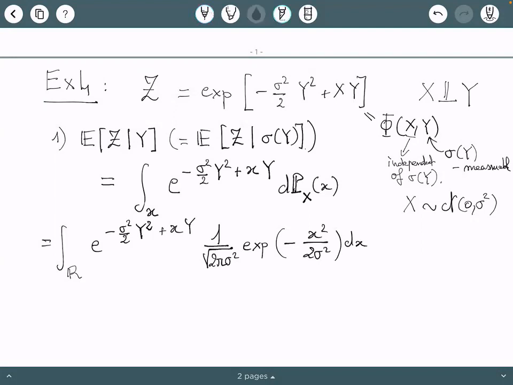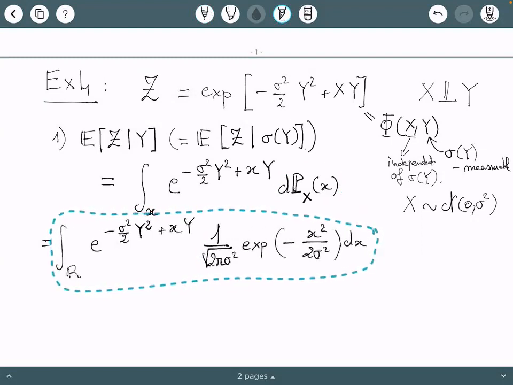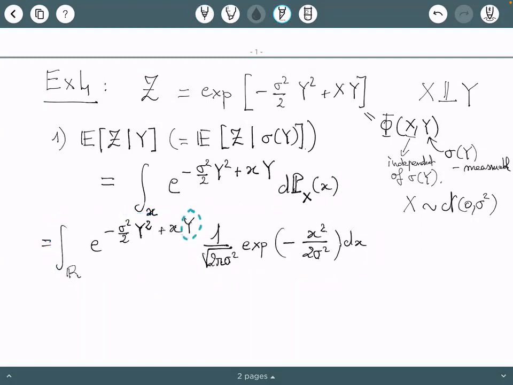This guy here, I replace it by its law, which is given by this density. And in this formula, you see that this is a random variable, of course, because Y is a random variable. So it is some integral with Y like a parameter, a random parameter. So now we have to compute that.